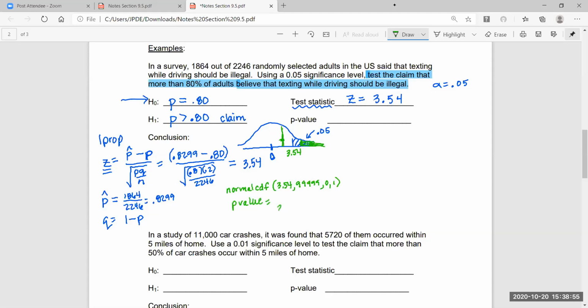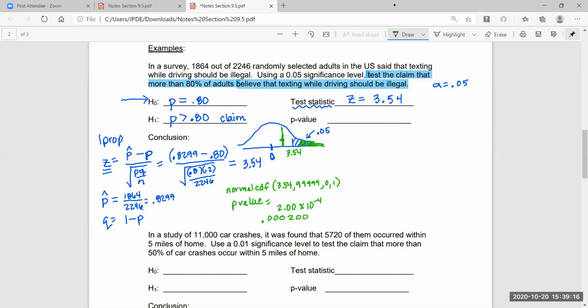And I get 2.00 times 10 to the -4th. Remember, it's a probability, so don't tell me it's 2. A few of you did that on your test. You can't have a probability higher than 1. So this would be 0.0002.